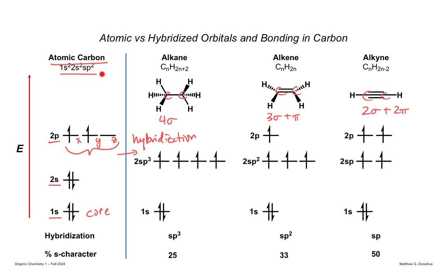So in atomic carbon, remember that, and this is the abstract part that's hard to visualize, you sort of have one ball, that's your 1s. Then on top of that is your 2s. And then in between all that are your p orbitals on the different axes. So those electrons are all in that region of space.